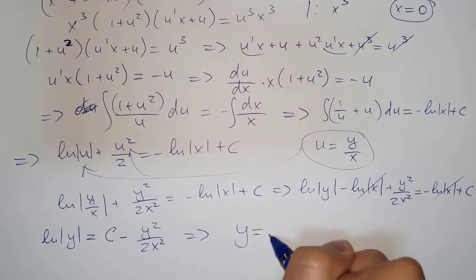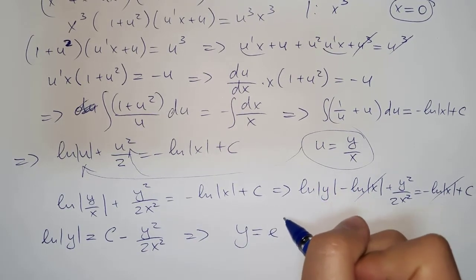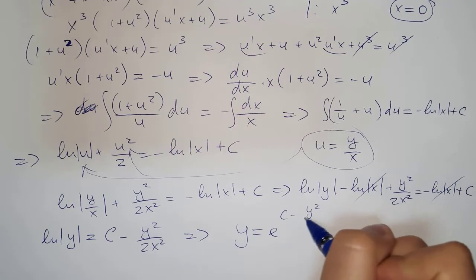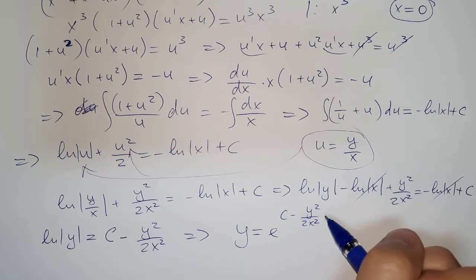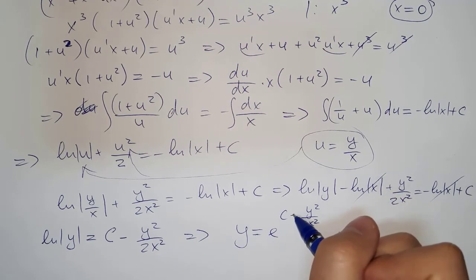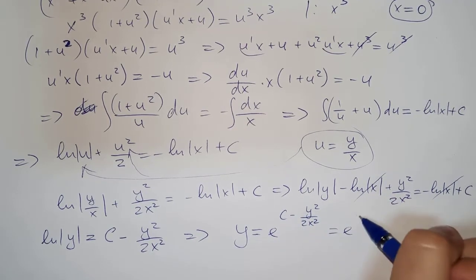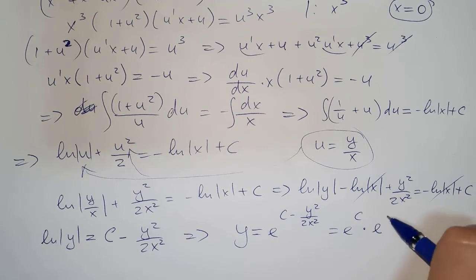Hence y is, just write with e the power of c minus y squared over 2x squared, or this is e the power of c times e the power of minus y squared over 2x squared.